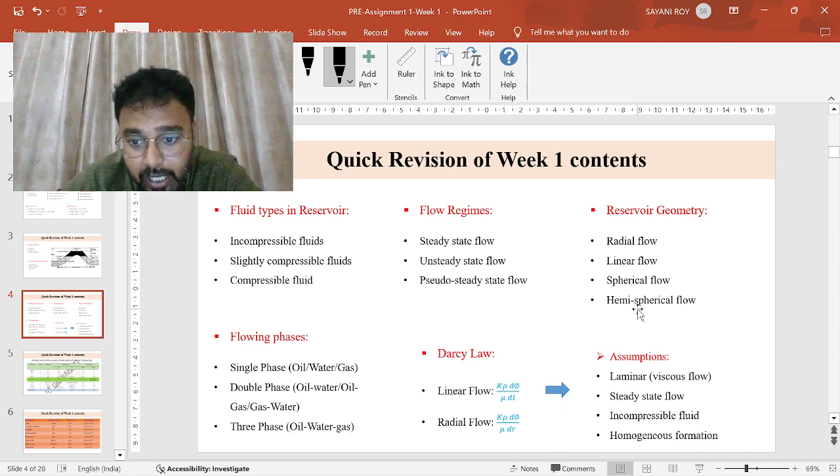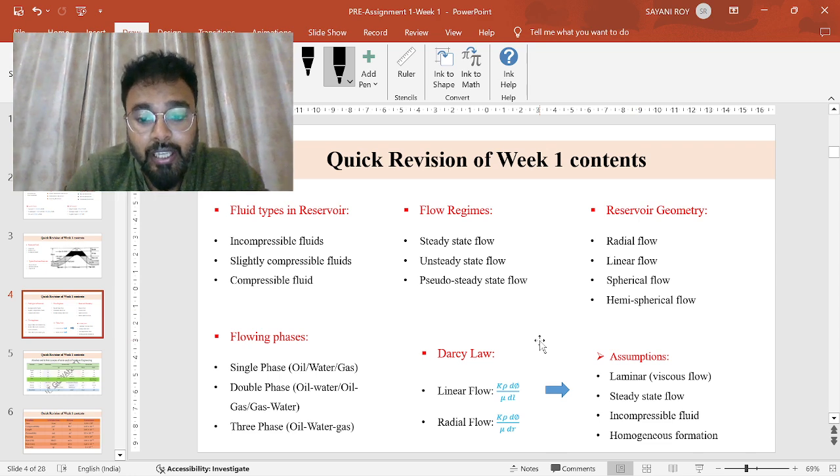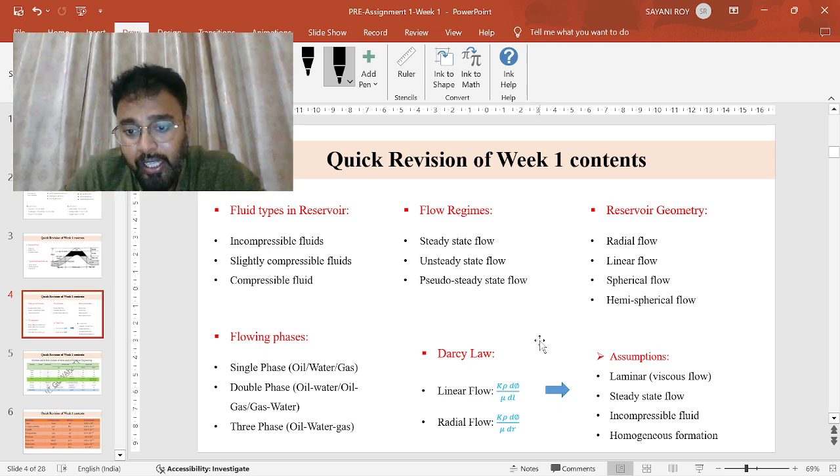When we go through the equation, I will explain Darcy's law in a better way. Now we are just having a recap of what you have done in your class. The assumptions used in Darcy's law are that the flow is laminar, the flow is steady state, the fluid is incompressible, and the reservoir is homogeneous.